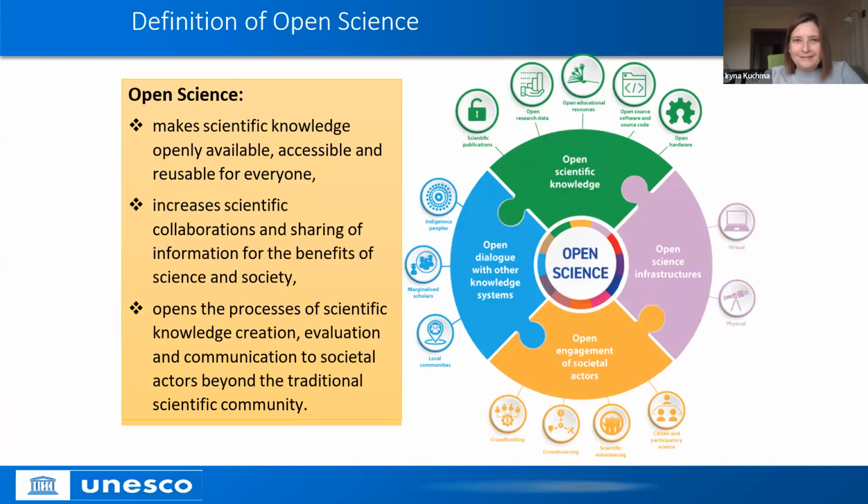Let's start with definitions. What is open science? And I really like the definition from the UNESCO recommendation on open science, because it stresses the benefits: that open science is about making knowledge openly available, accessible, reusable for everyone.